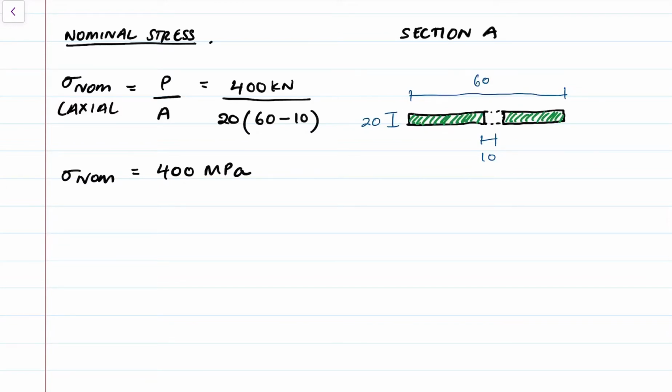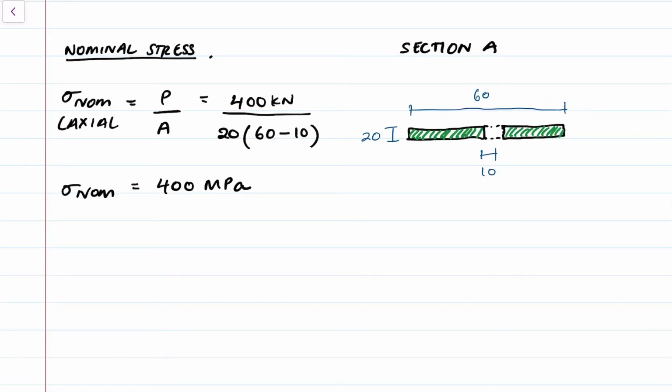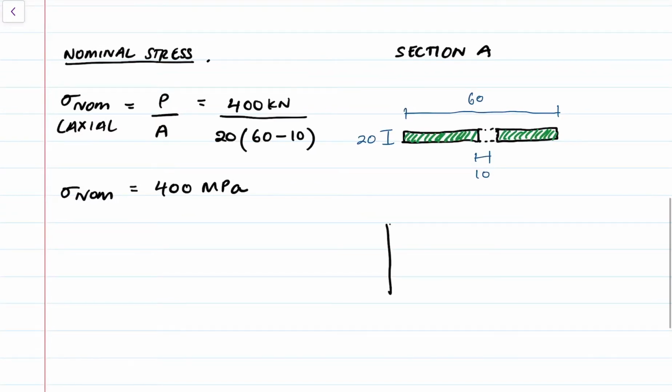Okay, now before we move on to calculate the maximum stress, we need to ensure that the material does not yield simply based on the average stress, because if the entire material undergoes an average stress that is larger than the yield strength, then the entire material will yield and fracture. So let's say this is our original part.